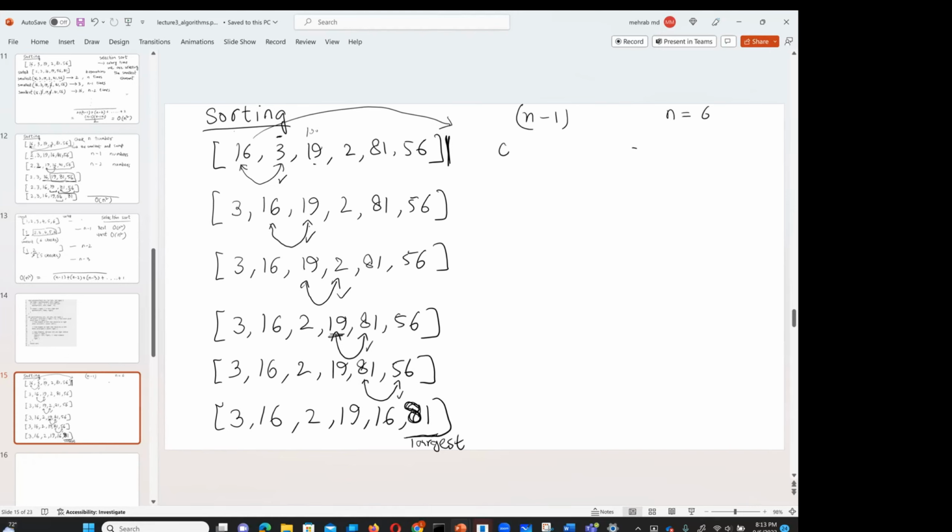So n minus 1 comparisons to get the rightmost number sorted, right? So after n minus 1 comparisons, I got one number in sorted position, right? Next time, what do I have to do?